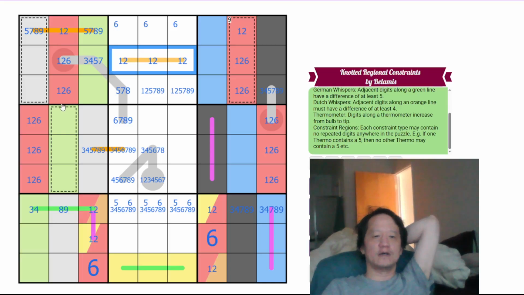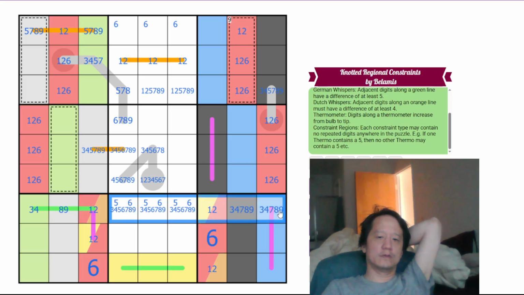So 5 has to be here. These 3 digits are the same as these 3 as the same as these 3 digits. These 3 digits cannot be here. These 3 digits cannot be here. It can't be here, so it has to be the same as those 3 digits.